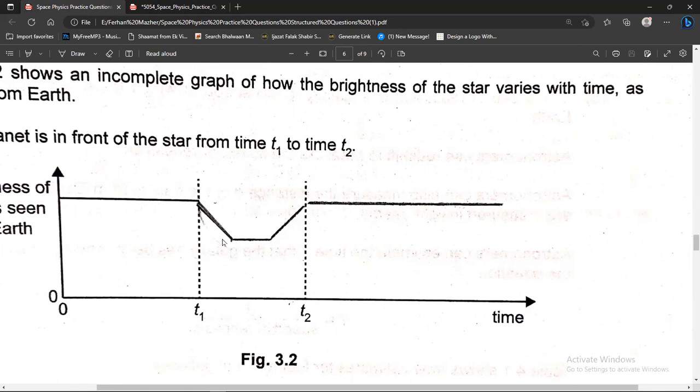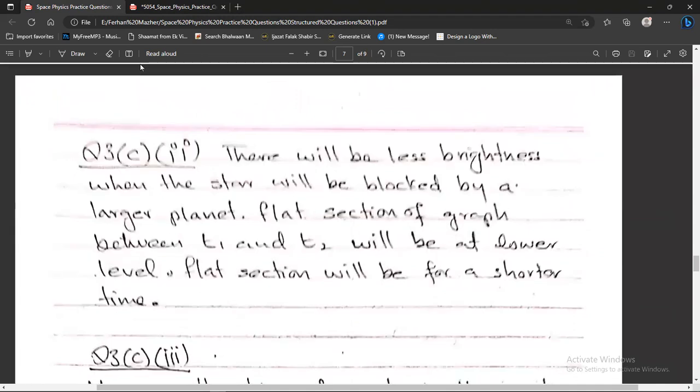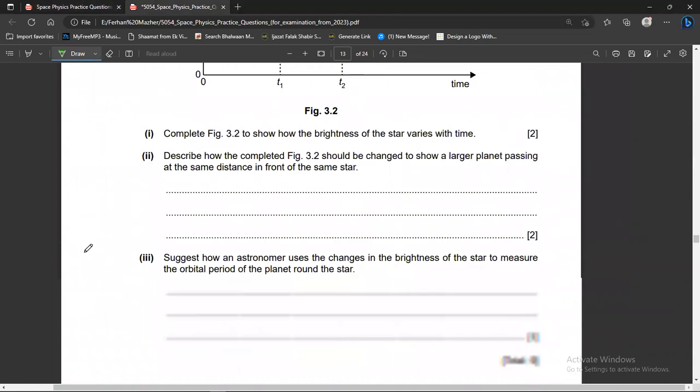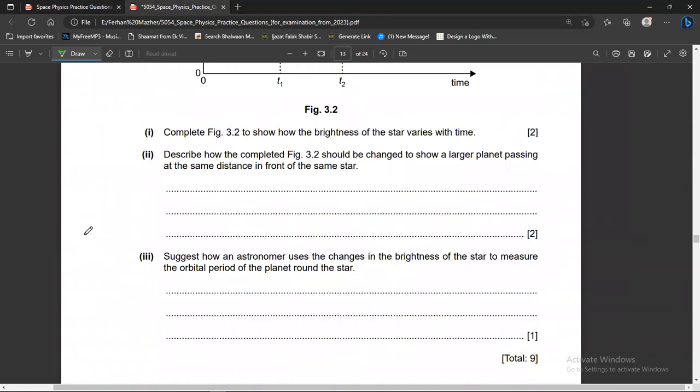So that will be the required time. Measure the time from T1 to the next time when the brightness starts to reduce. So that was the question. It means finding in how much time that planet will do one orbit around the star.